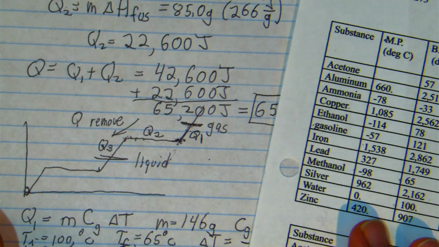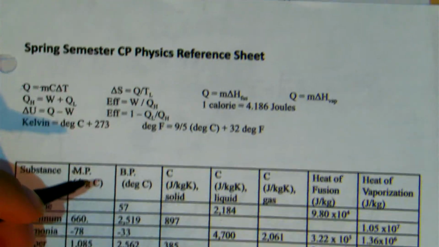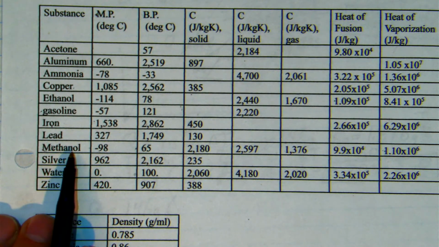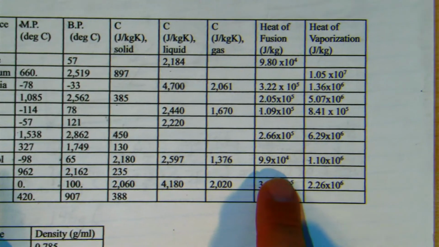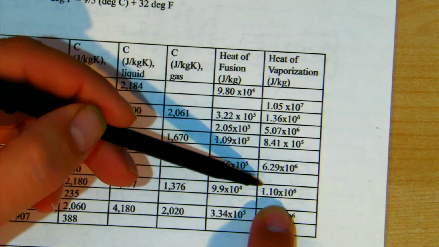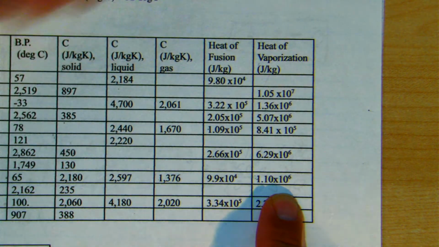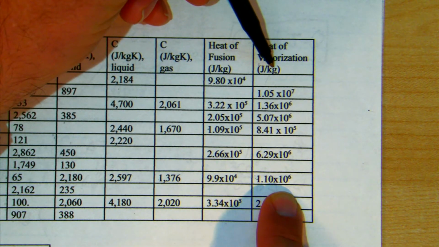The mass is 146 grams. The heat of vaporization for methanol, well, let's see what the table says. Methanol, heat of vaporization is listed as 1.10 times 10 to the sixth power joules per kilogram.